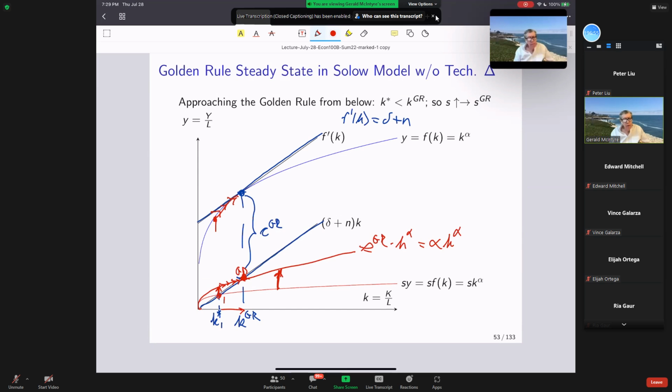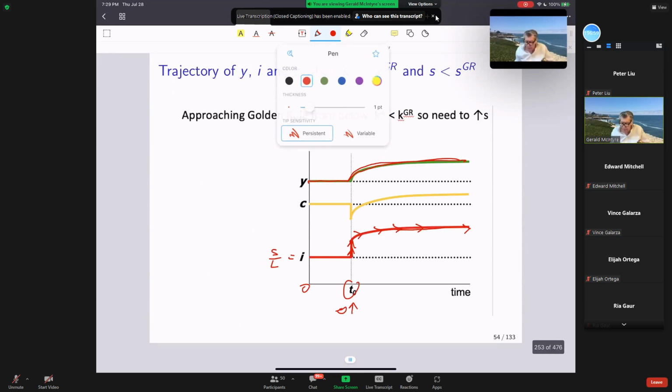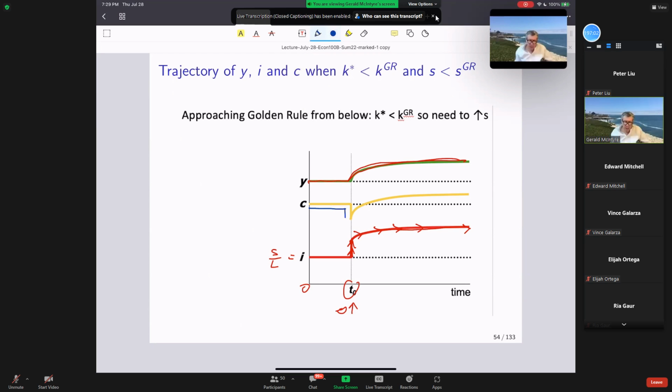But what happens to consumption? Okay. Consumption spikes down and then grows, and it grows to a point that has to be higher than the former level because it's going to the golden rule where consumption is maximized. And recall, consumption is (1 minus s) times y.